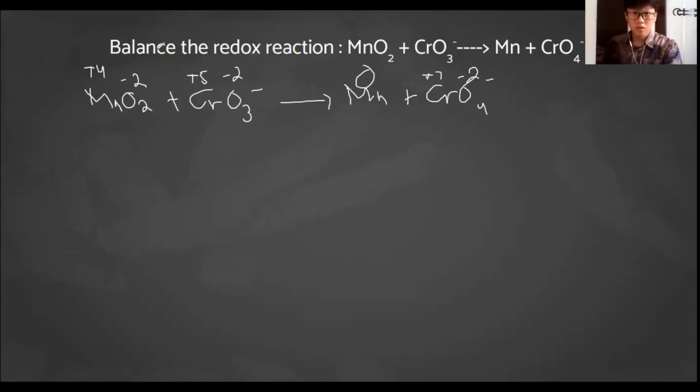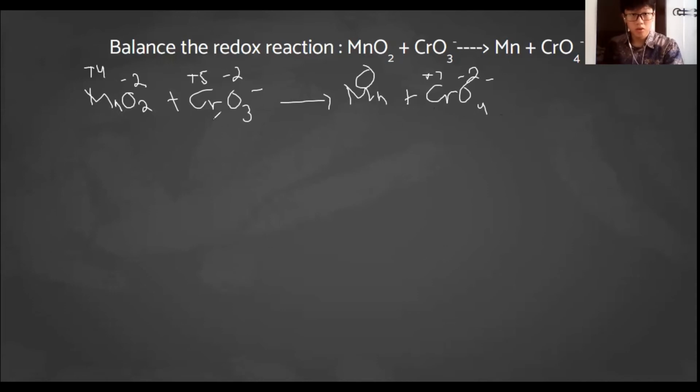So let's determine the redox reaction. So here, which has the loss of electrons? Following the acronym from before, LEO, loss of electrons means oxidation.